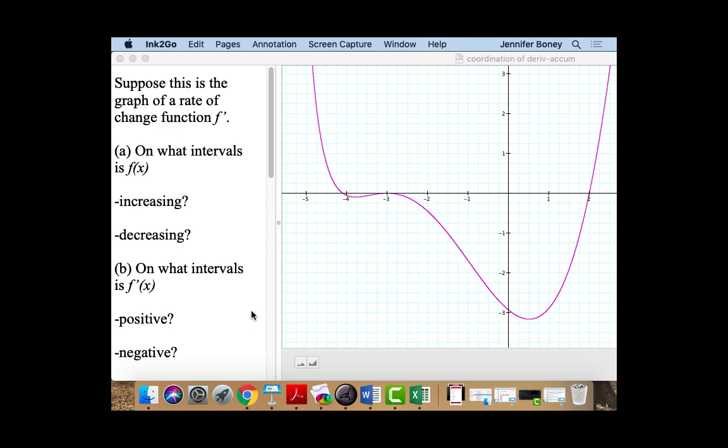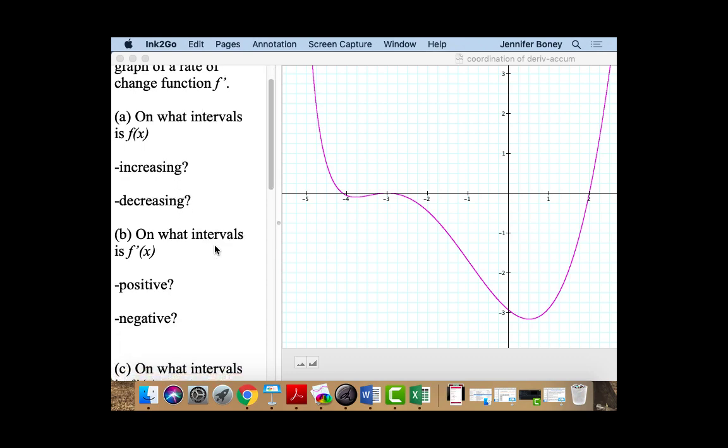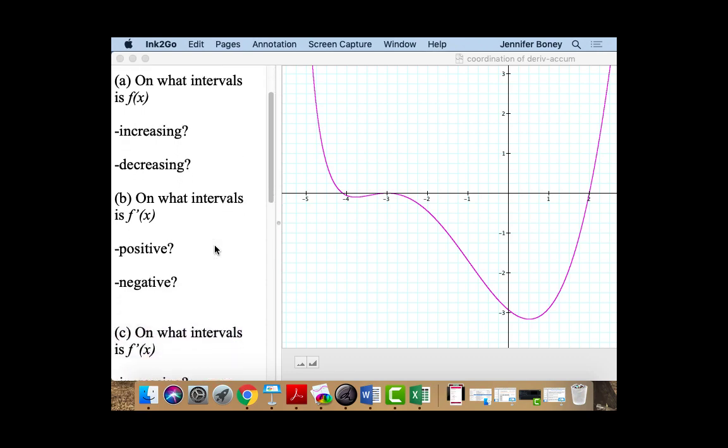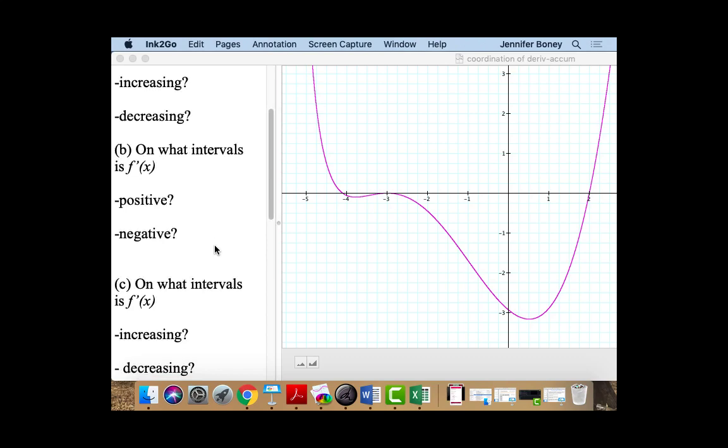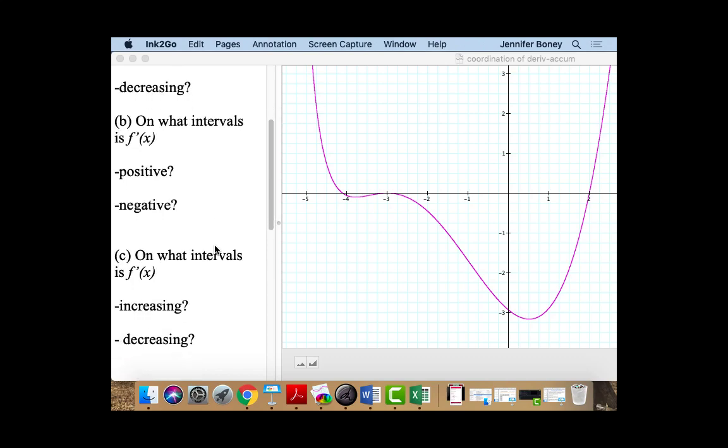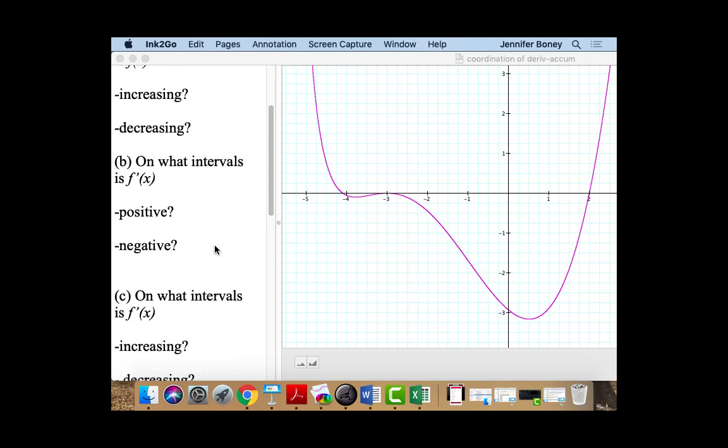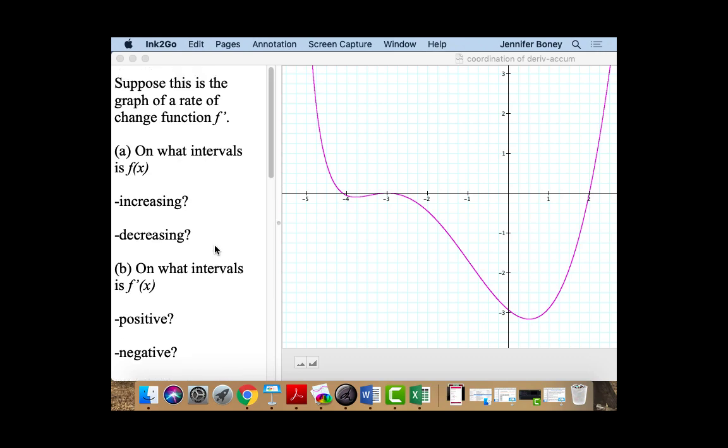I want to know on what intervals f of x, not the rate, the original accumulation, is increasing versus decreasing. And there are questions B and C here. On what intervals is f prime positive versus negative? And on what intervals is f prime increasing versus decreasing? Unfortunately, I can't easily make this text smaller without making it invisible for everybody.